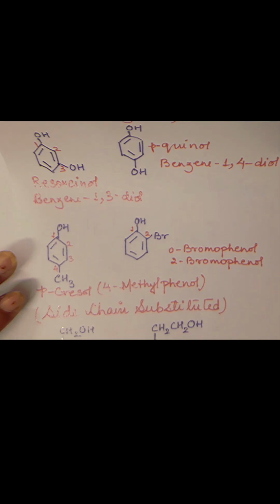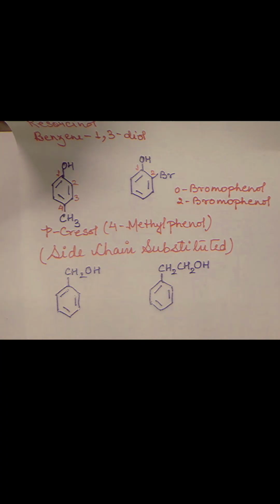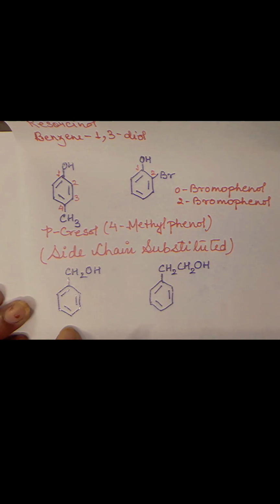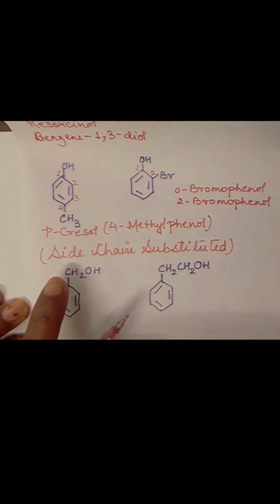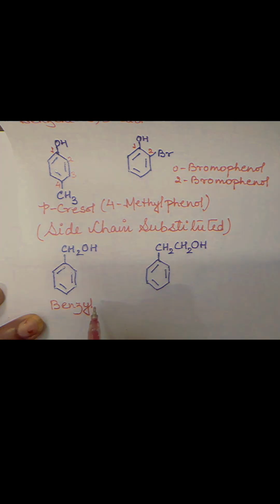Now moving further with side chain substitutions. Suppose I have this structure with a benzene ring and CH2OH. What would I name it? I would name it benzyl alcohol.